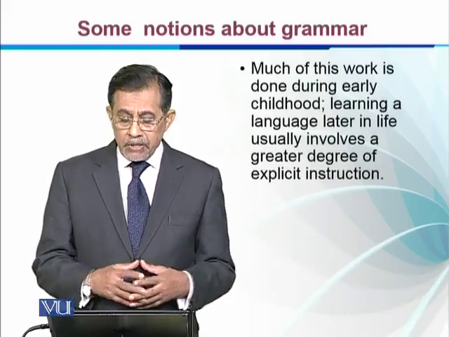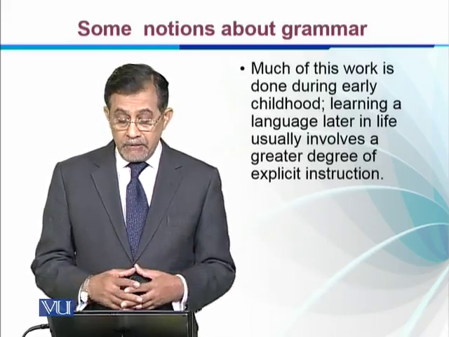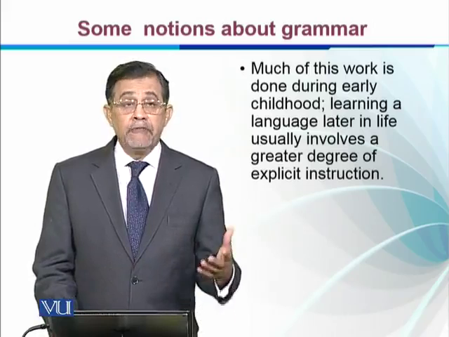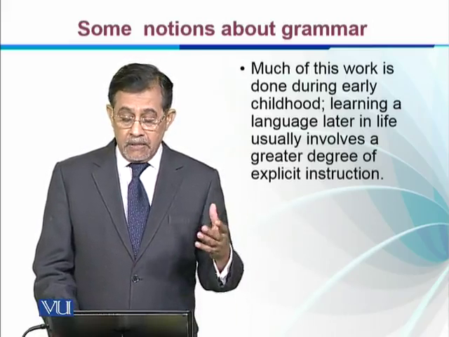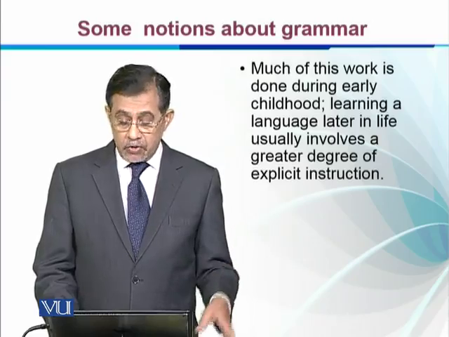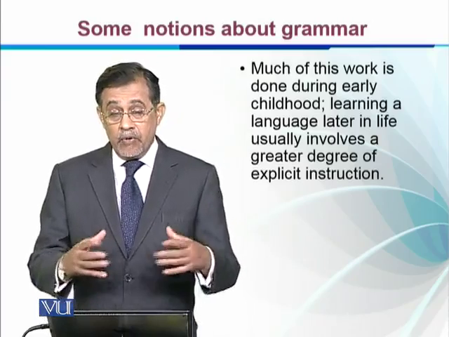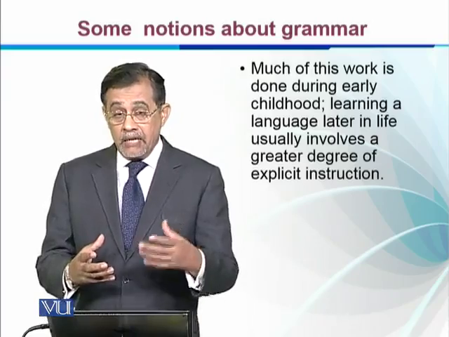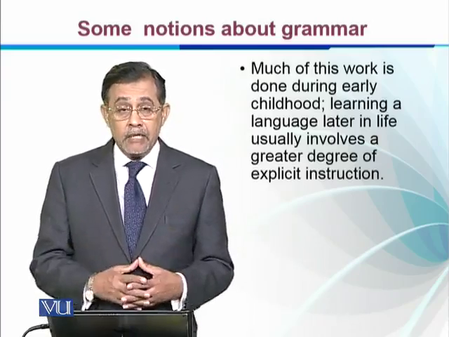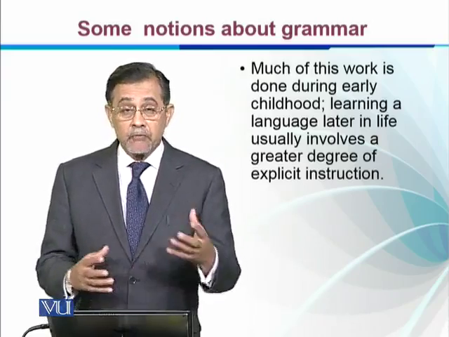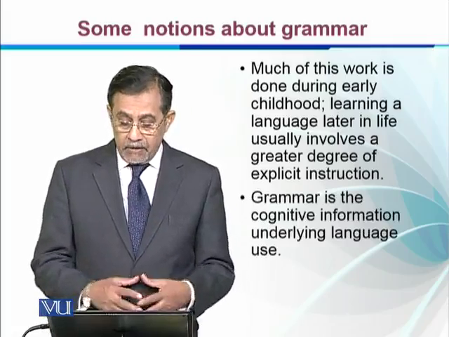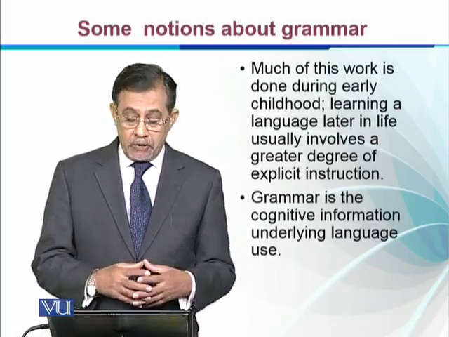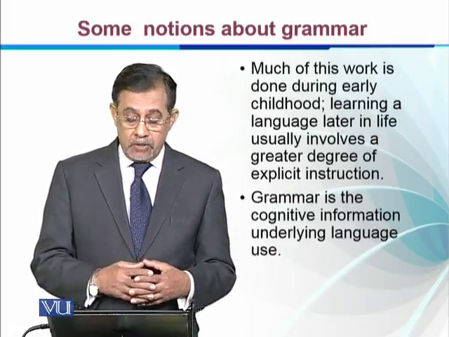Much of this work is done during early childhood. Obviously, learning a language later in life usually involves a greater degree of explicit instruction. Obviously, we have all learned English as a second language, and it involves a lot of instruction from others, teachers, elders, etc. Grammar is the cognitive information underlying language use.